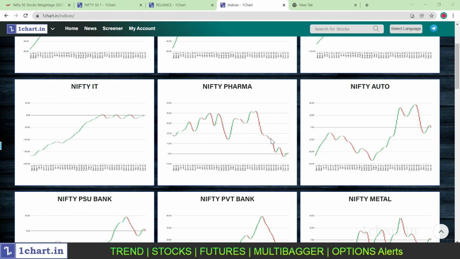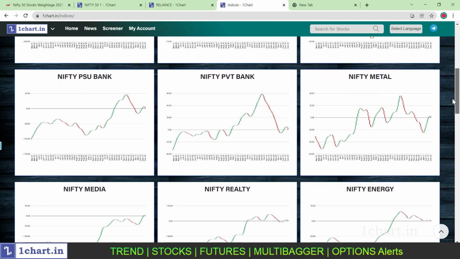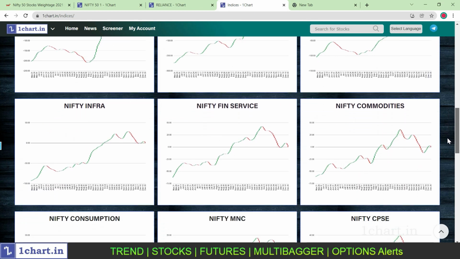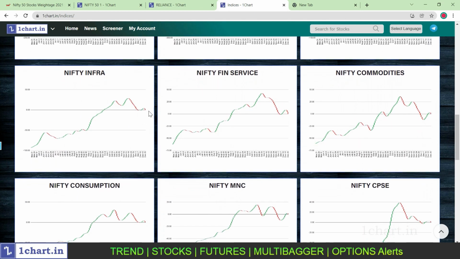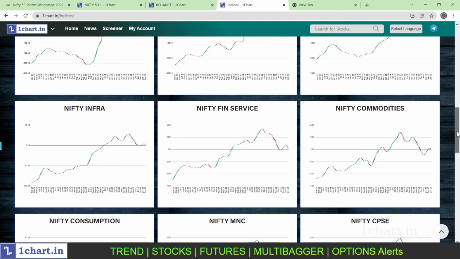So Nifty Pharma also gap down. These lifestyle stocks have been falling continuously for the last 2 to 3 weeks, I think. Nifty Auto, PSU Banks, Energy. So all sectors are pulling down. So what happened? All indices and all sectors are going down.